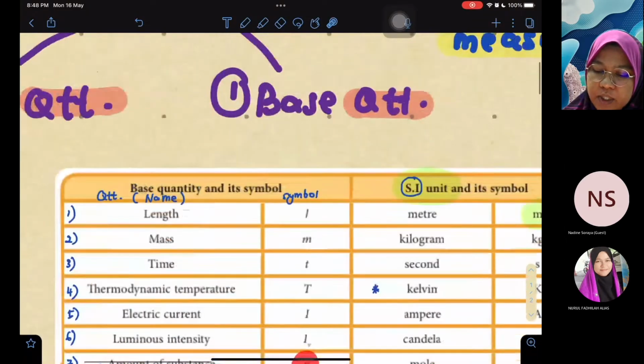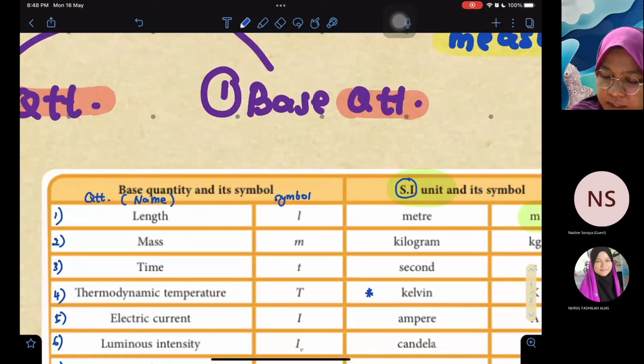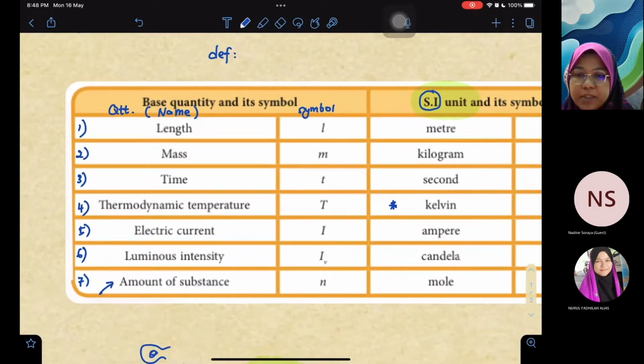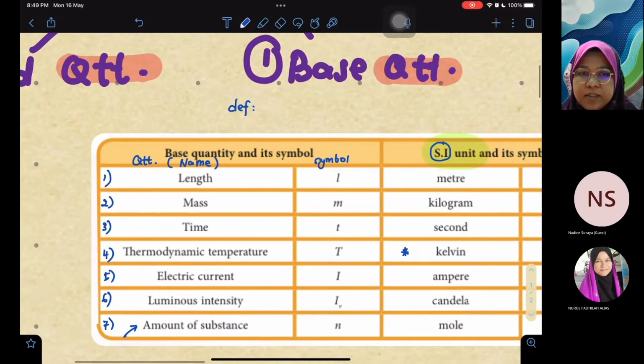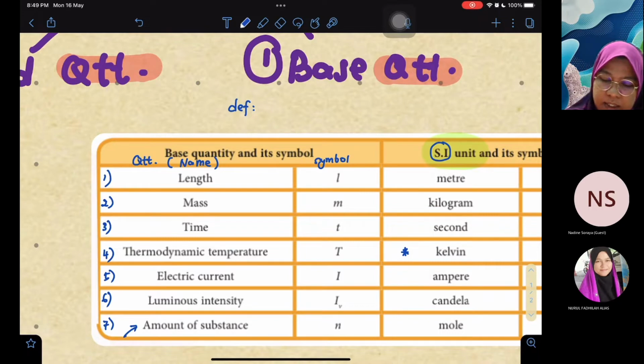Okay. So ni 7 ni yang kena tahu. Now, kalau kita ditanya what is the definition? Dalam dunia ni ada 7 ni saja, tak ada dah yang lain. So apa maksudnya definition? What is the definition of base quantity? How do you define base quantity? Base quantity dia adalah quantity juga.